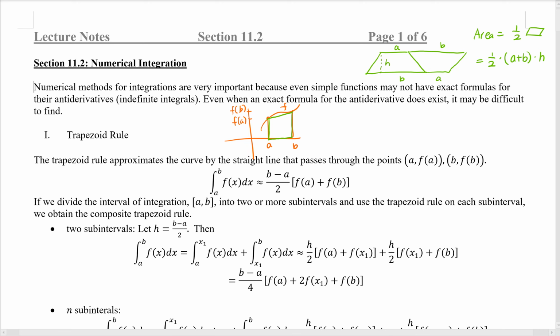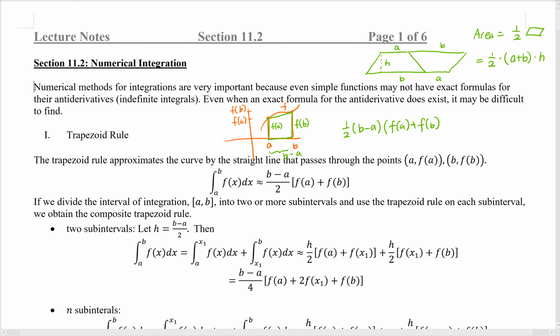Now, in our case, the bases are f of a and f of b, and the height is b minus a. So the area is then 1/2 times b minus a times f of a plus f of b.